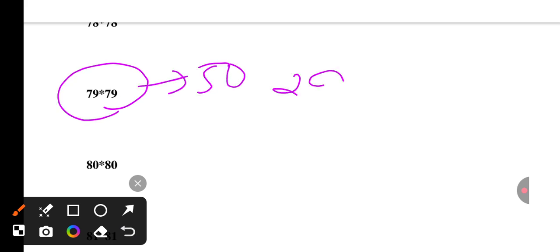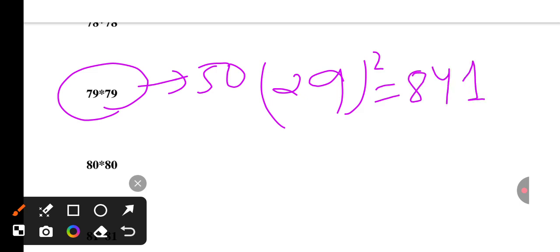Next, 79 square, how to calculate 79 square? Again, first compare with 50, it is 29 more. Okay, 29 square is 841. You should know these. How much? 841. Next, 41.